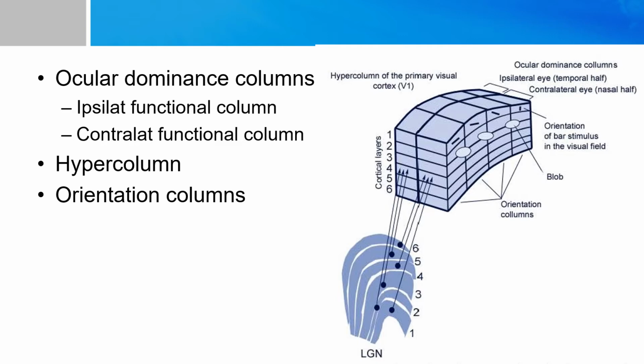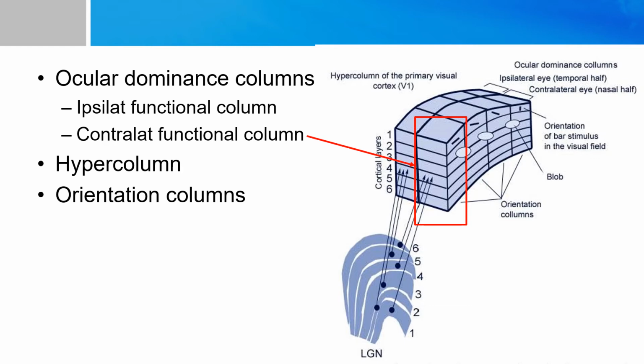Now, if you recall from earlier, these layers bring information from the ipsilateral eye, and hence these functional columns are considered ipsilateral functional columns. Similarly, an immediately adjacent column receives afferents from the lateral geniculate nucleus layers 1, 4, and 6, and those receive information from the contralateral eye, and therefore are considered the contralateral functional columns.